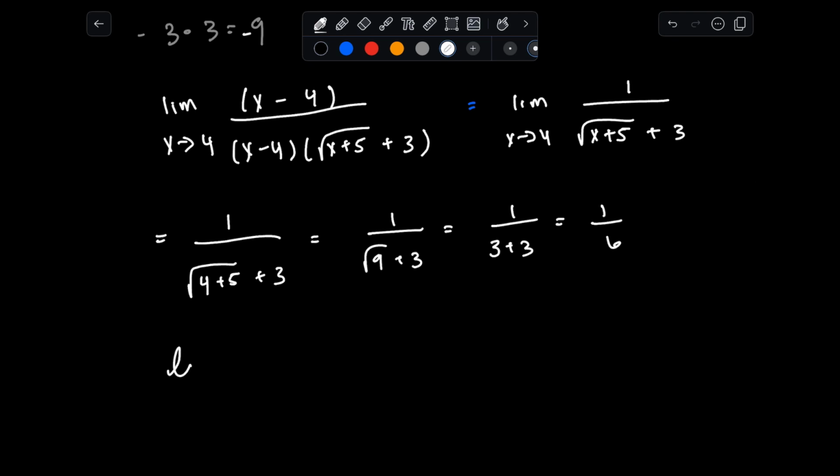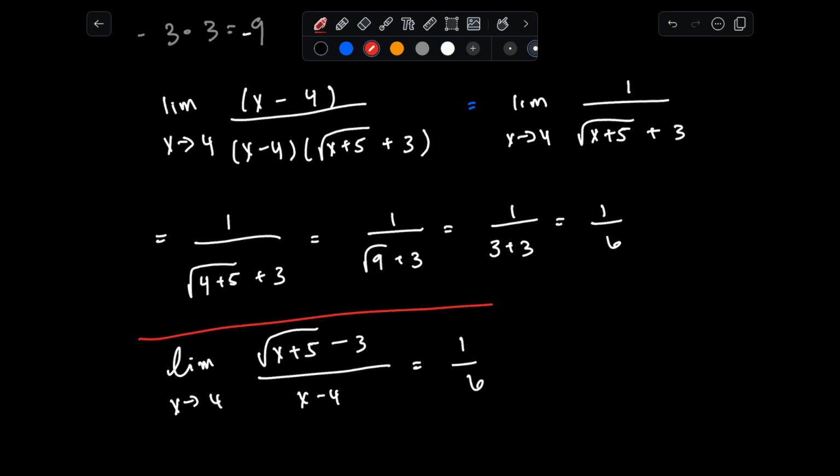And so the limit as x approaches 4 for the expression of the square root of x plus 5 minus 3 over x minus 4 came out to be 1 over 6. And that is your final answer.